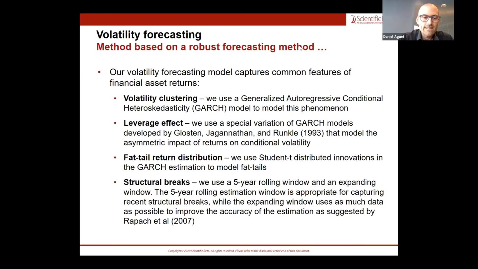You can have very strong events on the market that change the unconditional volatility of the assets, such as the COVID crisis or the financial crisis. To capture these potential structural breaks, we use 2 different windows to estimate the GARCH model. We use the expanding window to have the highest accuracy in the parameter estimation, and then we use a 5-year rolling window to try to capture these structural breaks. And then we aggregate the two estimations to have one final forecast.